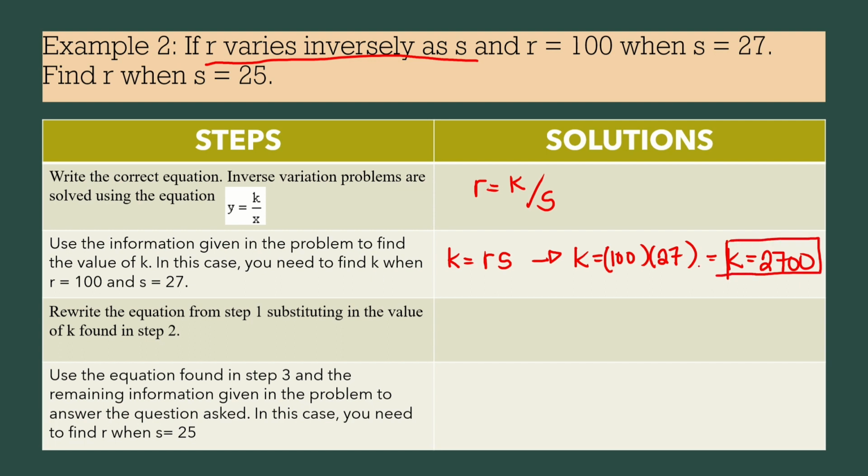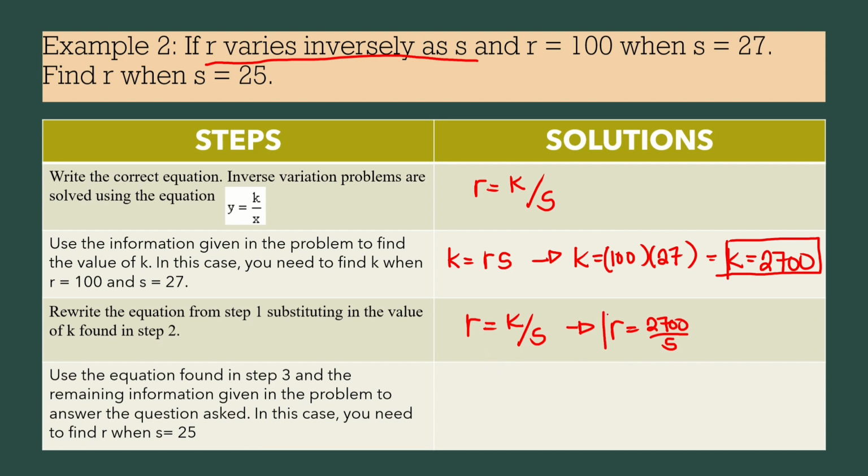Next step is we're going to rewrite the equation by substituting the value of k we obtained in step number 2. From r is equal to k all over s, that is now r is equal to 2,700 all over s.